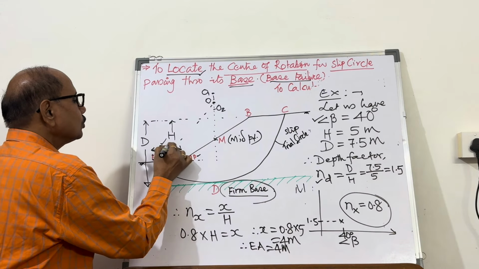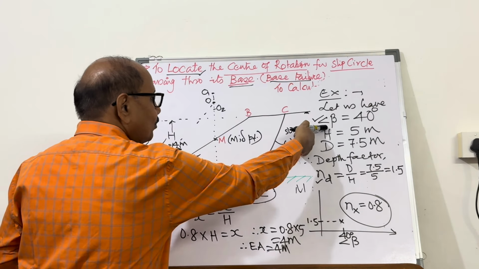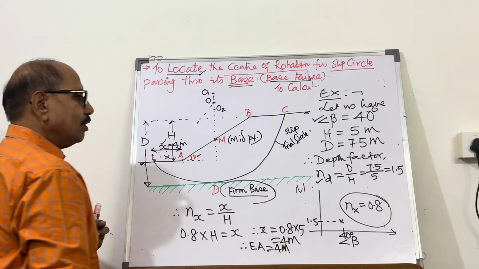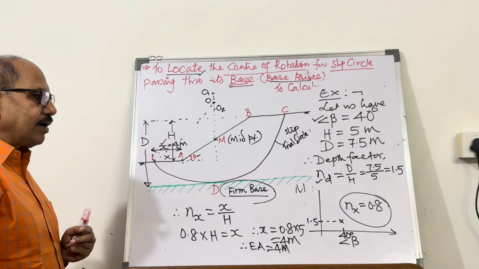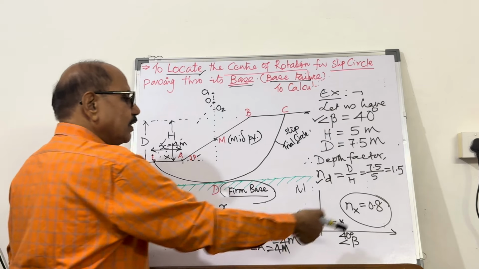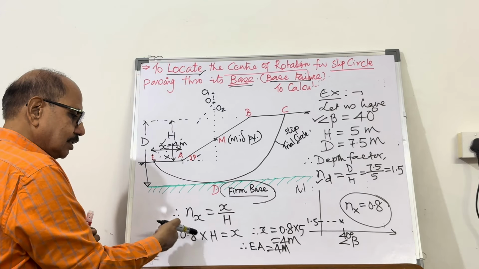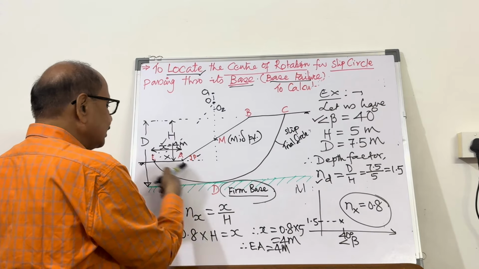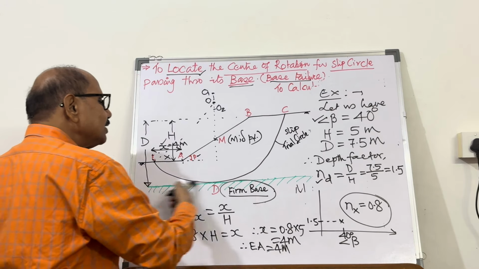This value is going to be 4 meter if slope angle is 40 degree, height of the slope is 5 meter, and depth is 7.5 meter. Make use of Fellenius chart and find out the value of Nx, and then you can find out the value of x. So once EA is fixed, point E is fixed, because depth is already known.